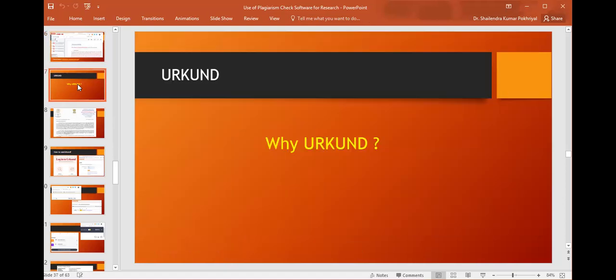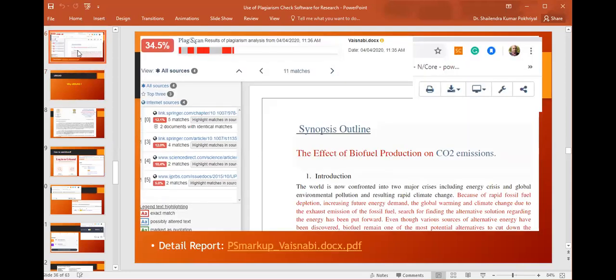It is also highlighting the cases where there is an issue on the right hand side. Those red colors are all plagiarized portions, and it is giving you 34.5%. So the red colors that you have to edit, you have to change the sentence structure. Then only you will get a report which will be free from plagiarism.